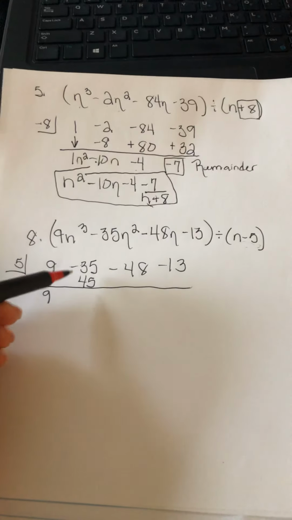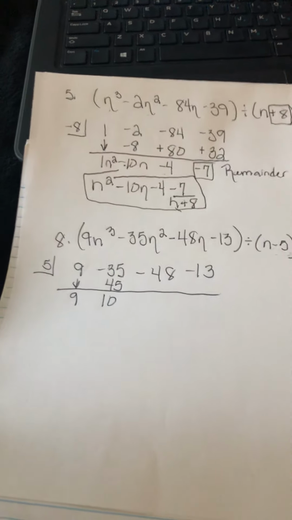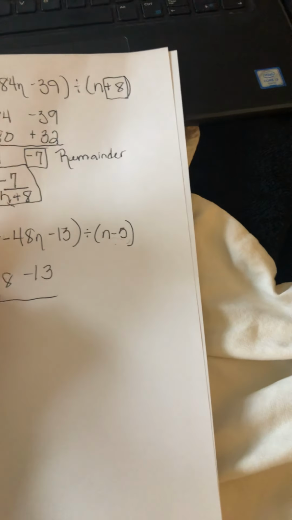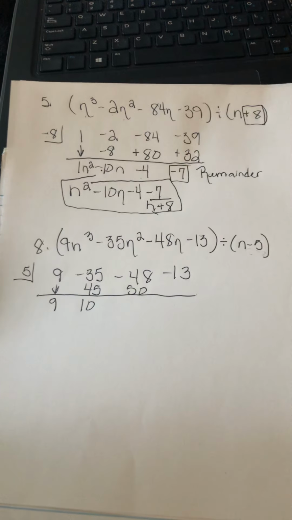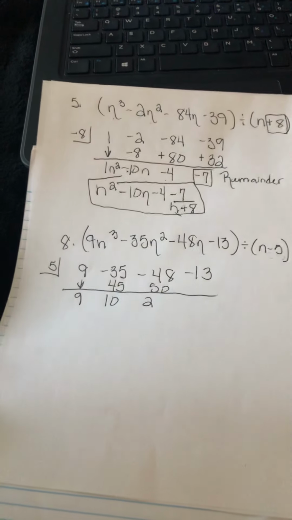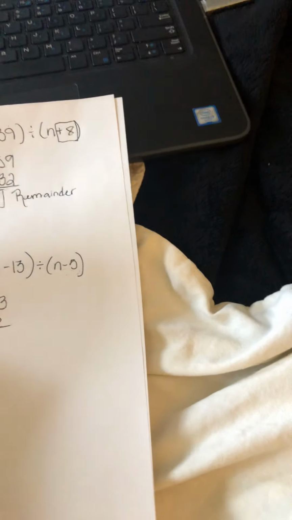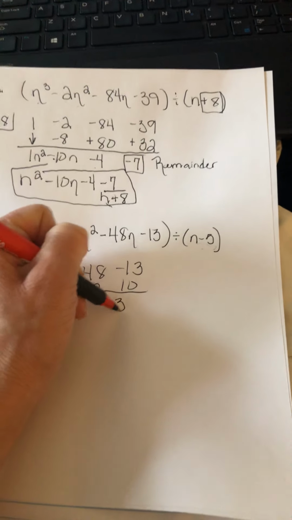So negative 35 plus 45 is 10. 5 times 10 is 50. So negative 48 plus 50 is going to be equal to 2. And then 5 times 2 is 10. And of course, negative 13 plus 10 is negative 3.